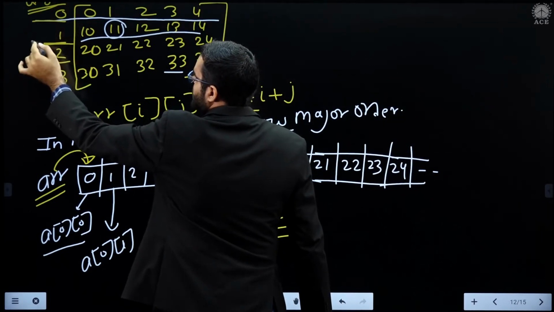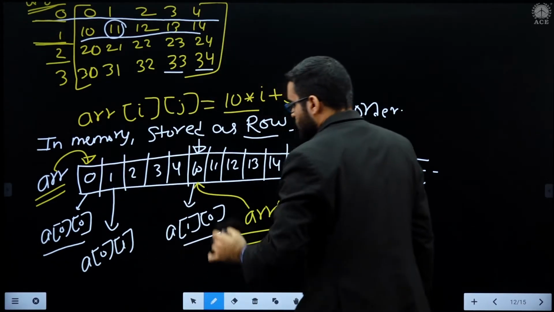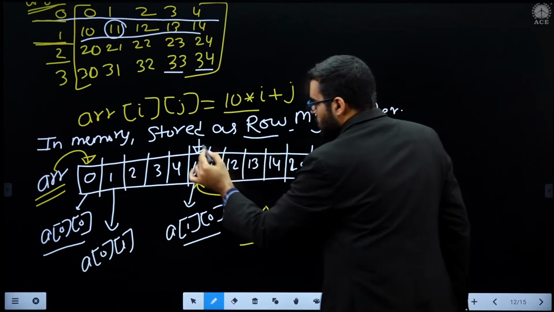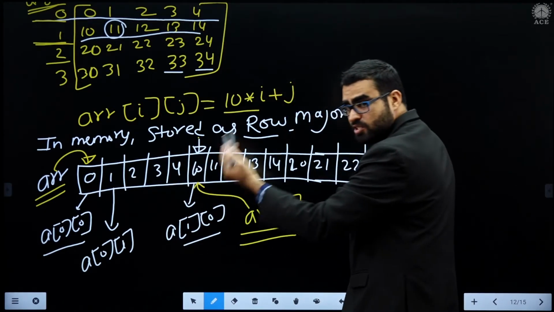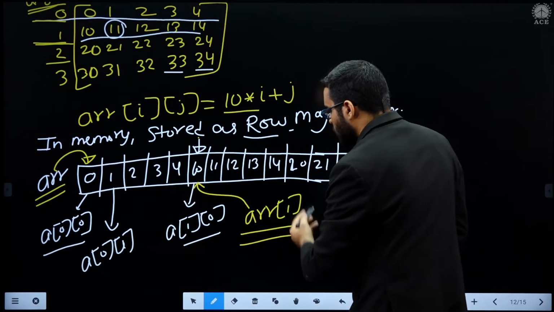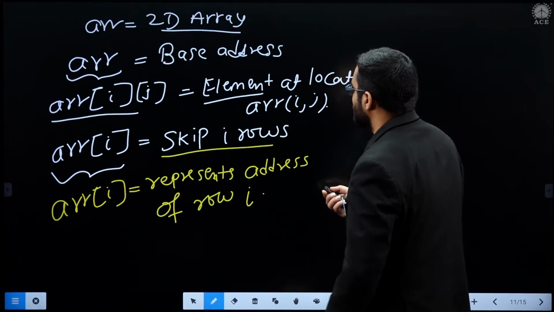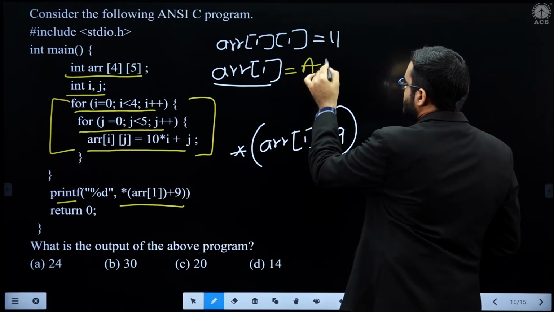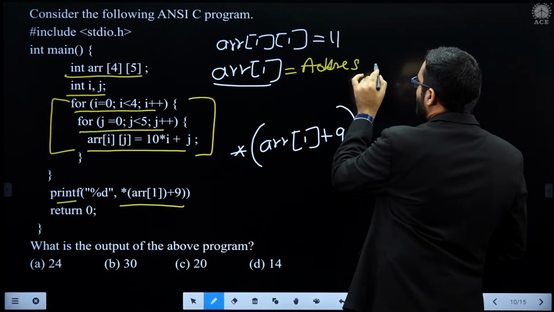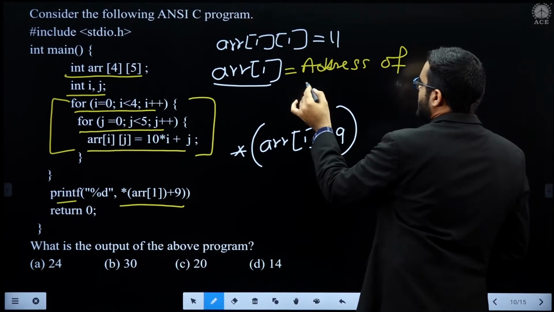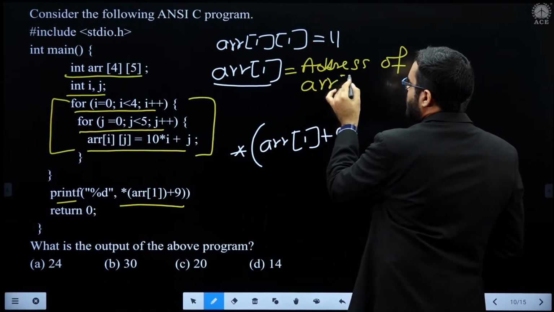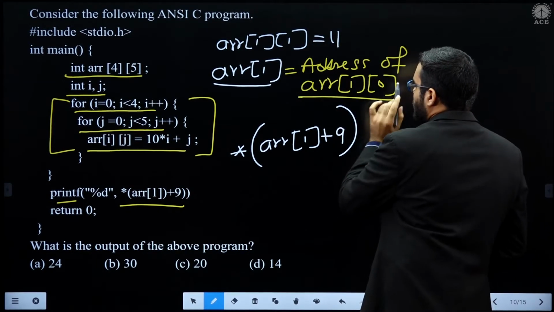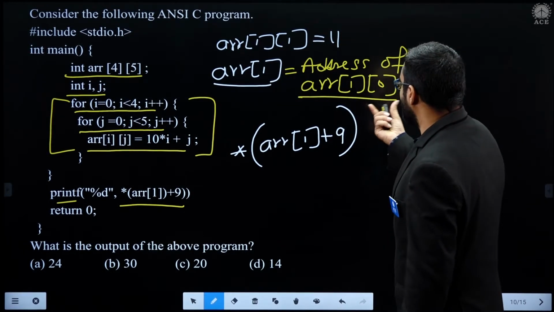This is row 0, this is row 1. So it is the address of this element 10, that is, the address of ARR 1,0.